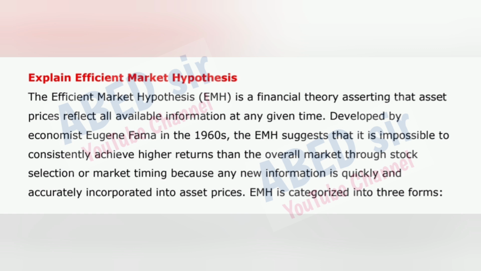Developed by economist Eugene Fama in the 1960s, the EMH suggests that it is impossible to consistently achieve higher returns than the overall market through stock selection or market timing because any new information is quickly and accurately incorporated into asset prices. EMH is categorized into three forms.